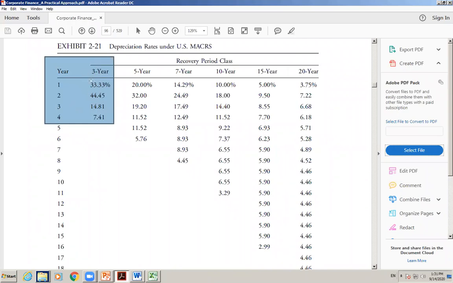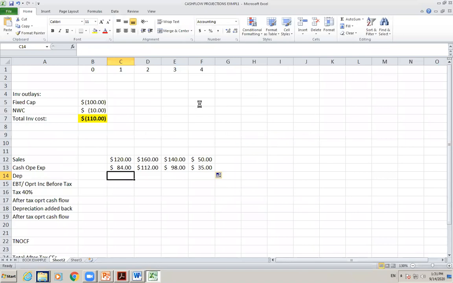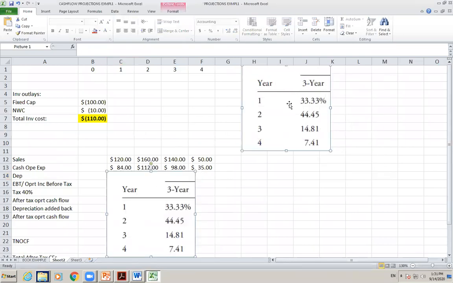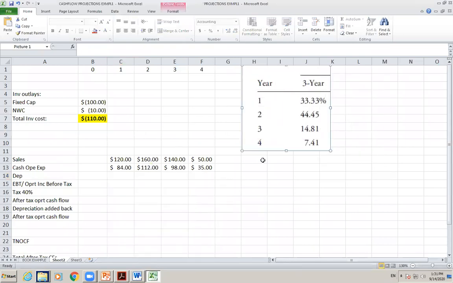This is what we need to adhere to while calculating the depreciation. So this is our MACRS calculation. What is our cost? 100 million.